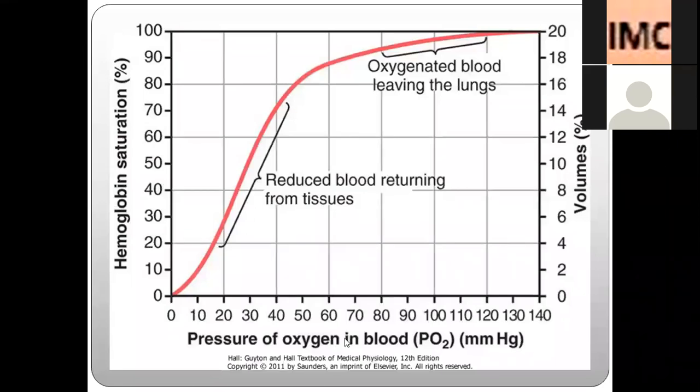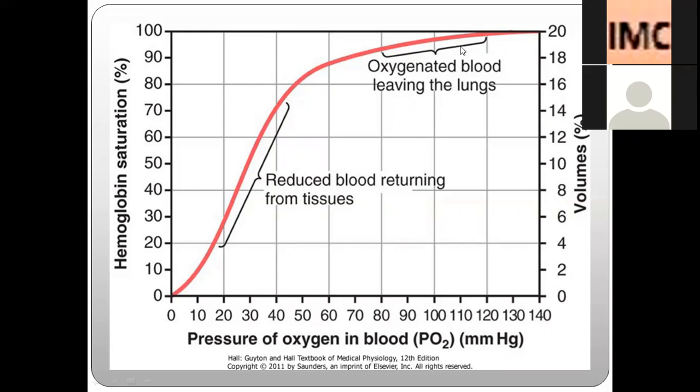Now we can see on the x-axis the partial pressures of oxygen are given, and on the y-axis the hemoglobin saturation. If we consider this as the pressure, this is the normal range of the pressure from 0 to around 100, 105, 110.